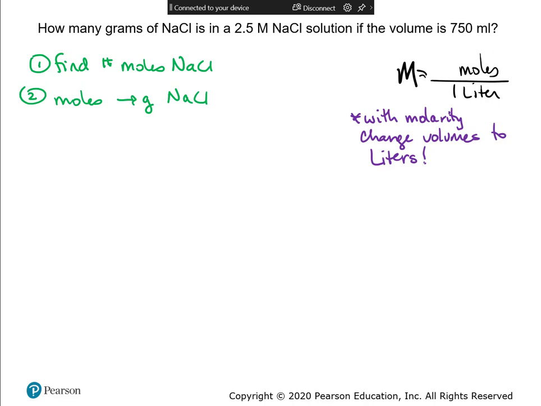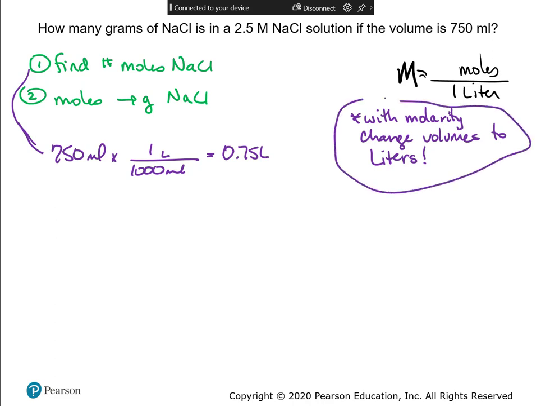What did you do to find that? Well, first I did the milliliters to liters. Good. So took the 750 mL times, in a line, 1,000 milliliters in 1 liter. So that ends up changing that to 0.75 liters. If you have any volumes, this is a good note to self: any volumes in milliliters with molarity, change them to liters.